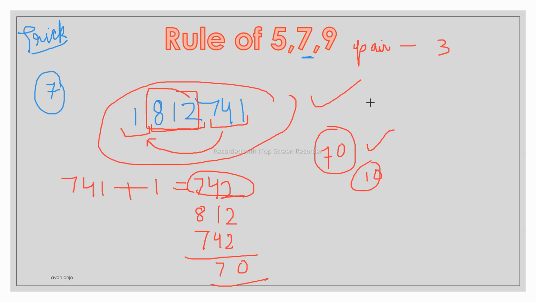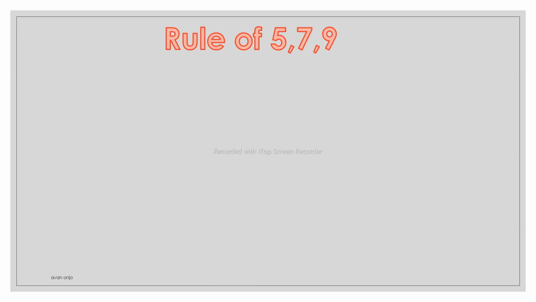The trick right now appears to be long, but when you use it in a handy manner, you are going to be able to do it very fluently. But you have to practice a bit. So for that I'm giving you certain questions relating to the divisibility rule of 7.